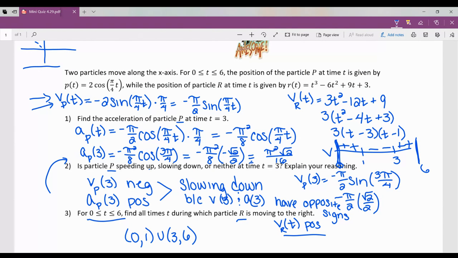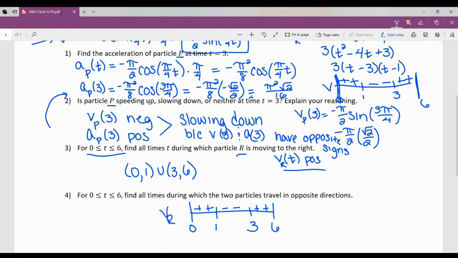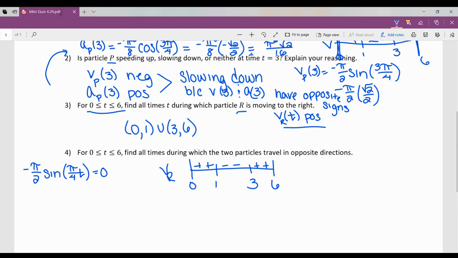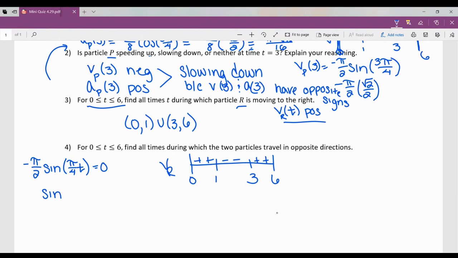All right, so I'm going to take this equation, and I want to know when does that equal 0. So I want to know when does negative pi over 2 sine of pi over 4 t equal 0. Okay, so multiplying by negative 2 over pi, that's when sine of pi over 4 t equals 0. When does my y value equal 0?